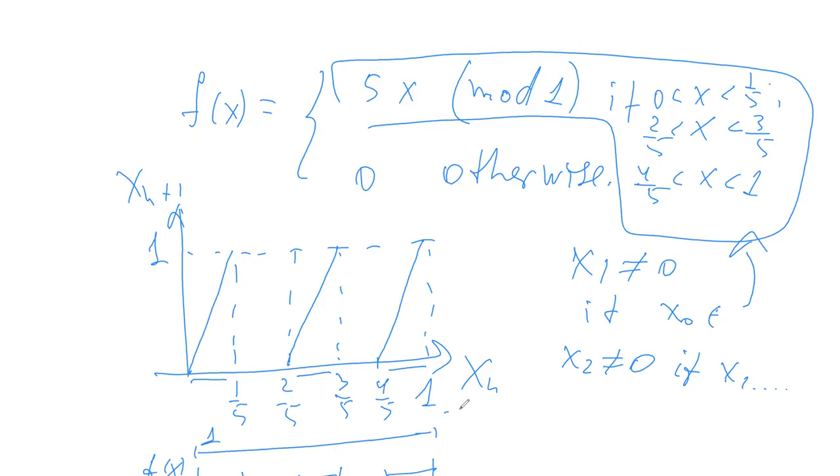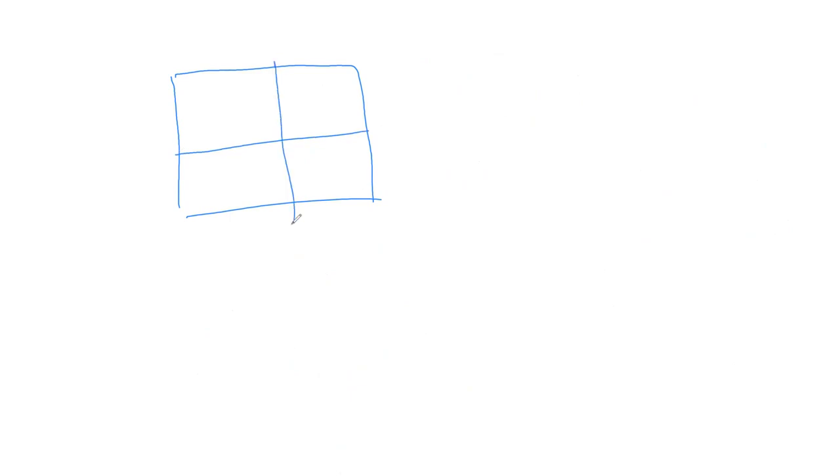Problem number 7 is slightly more complicated, because now it's about a fractal. So you have a chessboard, in fact. I will plot it like 2 by 2, but in fact it should be 8 by 8. So what happens here?